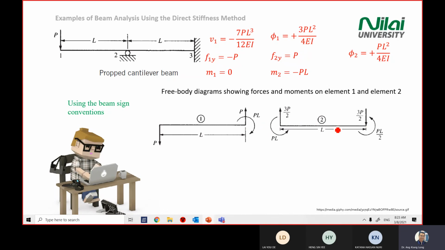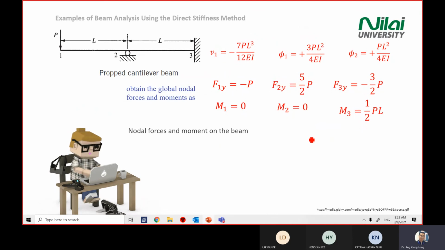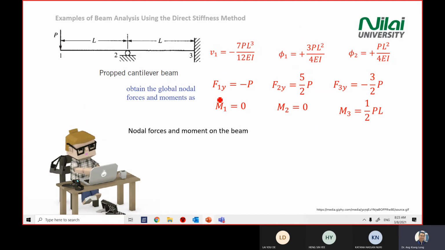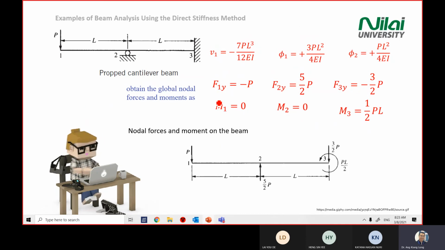I think this one you learned in your statics already. Then the slide that you see on the screen right now is the capital F and capital M. After you solve for the global, you also need to transfer all the answers into a diagram. So this is the force and moment diagram at a global scale.